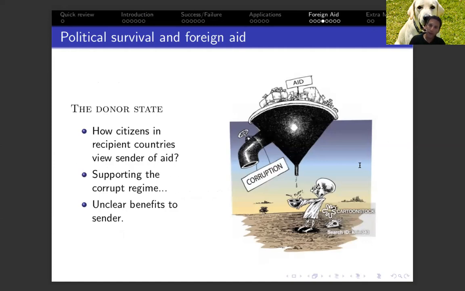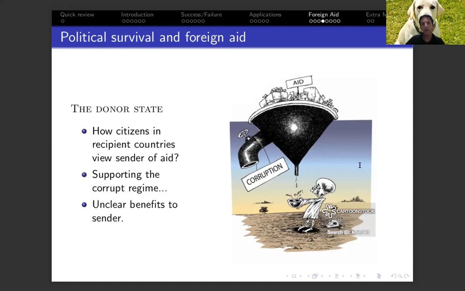Because that aid is mostly used to encourage more corruption and support the survival of their regime, the members of the recipient countries will have a very negative view of the donor, because in their minds, the donor state only provides money that is given to a corrupt regime and helps it survive.